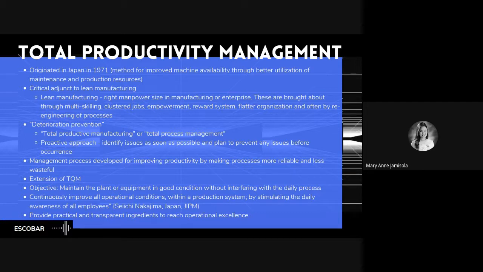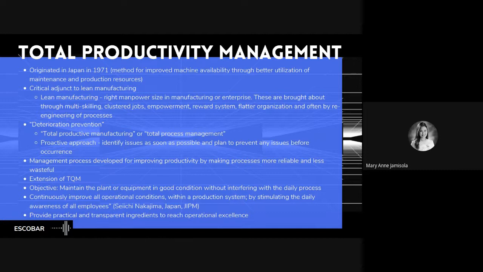TPM is a management process developed for improving productivity by making processes more reliable and less wasteful. TPM is actually an extension of TQM, which we have discussed, total quality management.